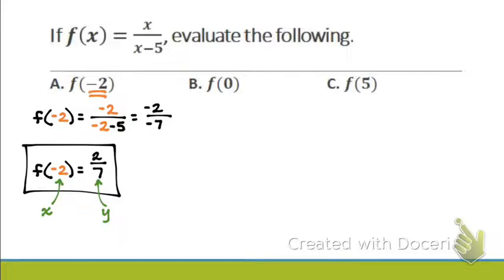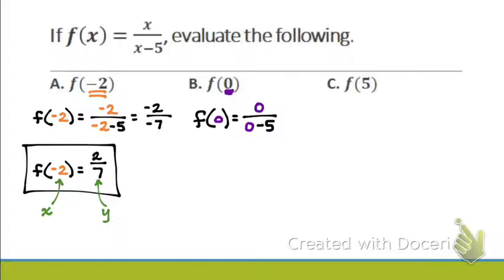Part B, we're going to take what number and sub it in? Sub 0 in the place of x. Is that going to cause any problems? Let's look. I put a 0 in my numerator for x. Down in the denominator, it becomes 0 minus 5. Yeah, that wouldn't work. Why? Because you can't divide anything by 0.